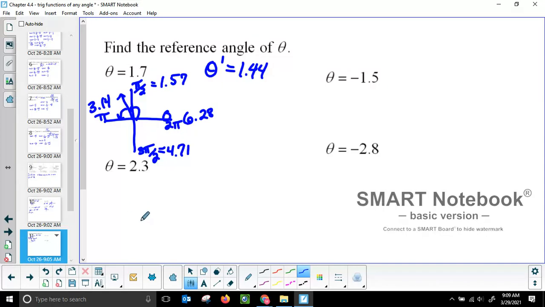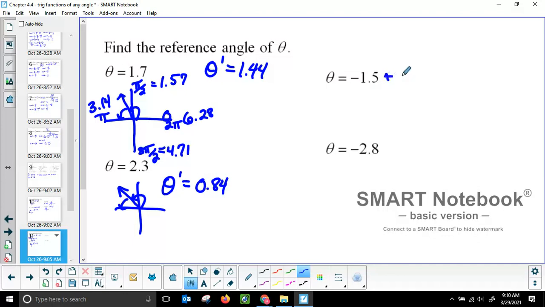And that's really it. So 2.3 would be over here somewhere. I'm still trying to get to 3.14, so I have to go 0.84. I would definitely change negative angles to positive angles.